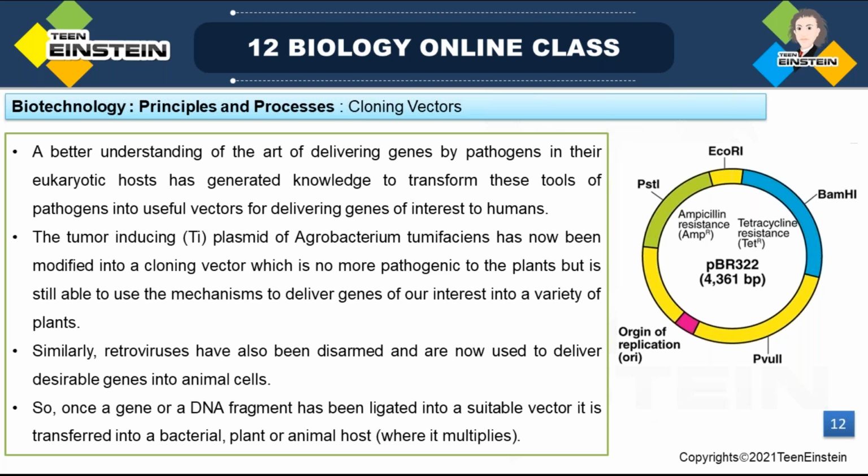With the help of this tumor inducing plasmid of agrobacterium tumefaciens, the gene of interest gets transferred to that plant. So the same infecting mechanism is followed, but the pathogenic effect is removed.